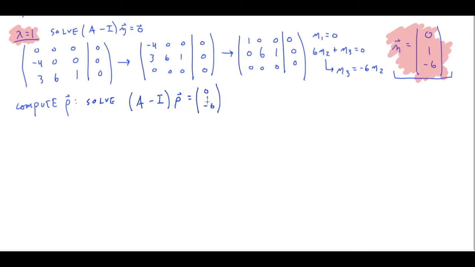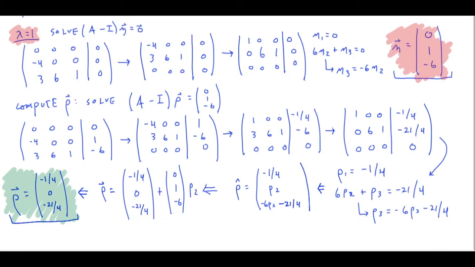And on the right hand side, instead of having 0 there, as is customary in the regular eigenequation, I have instead this vector eta that I just calculated, specifically here, an eigenvector. So I believe my generalized eigenvector rho will be given here as I've highlighted it in green, -1/4, 0, -21/4.